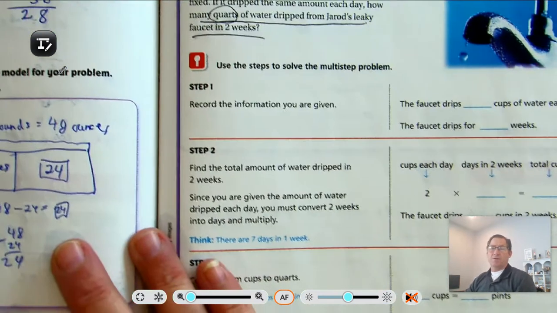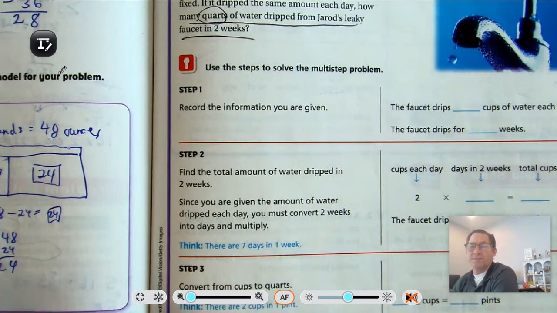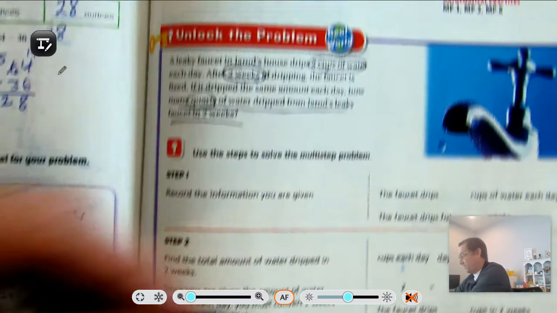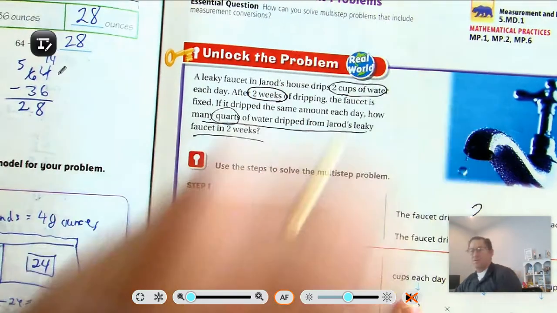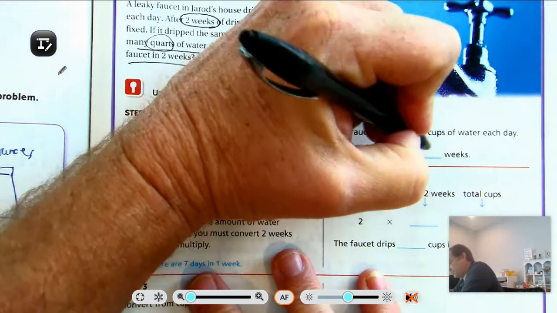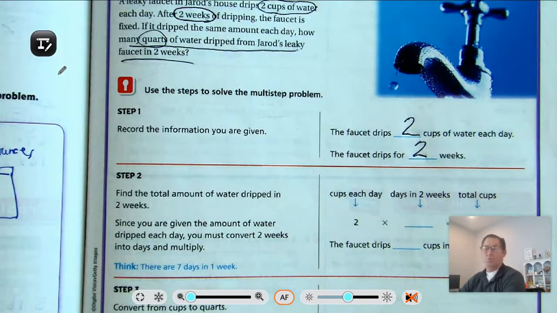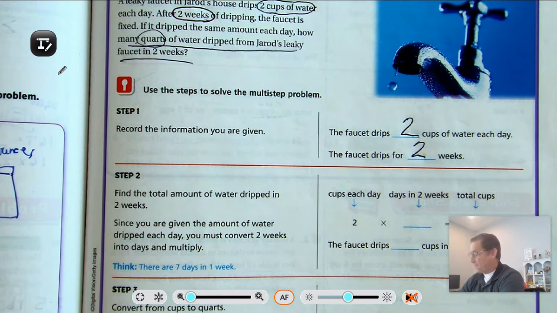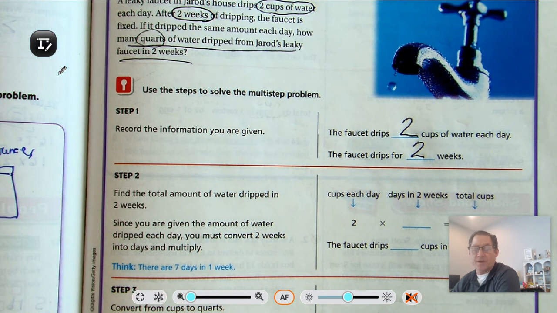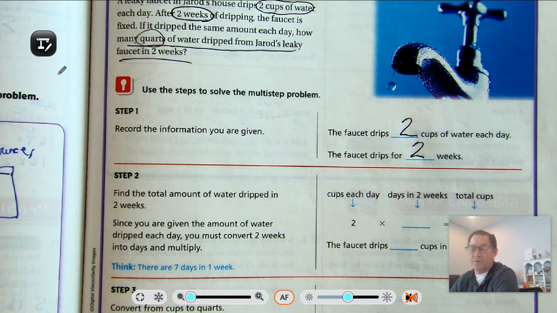All right, so use the steps to solve the multi-step problem. Record the information you are given. Okay, well, the faucet drips 2 cups of water each day, and the faucet drips for 2 weeks. All right, so now step 2, find the total amount of water dripped in 2 weeks. Well, since we're given the amount of water dripped each day, we need to convert 2 weeks into days and multiply.